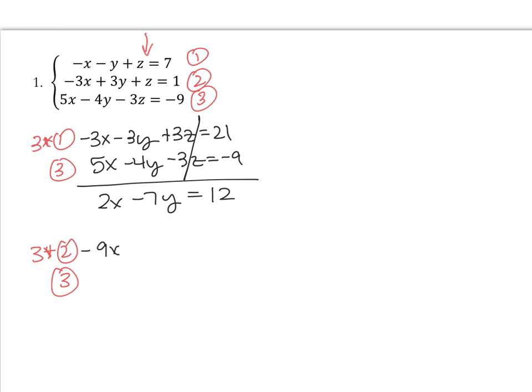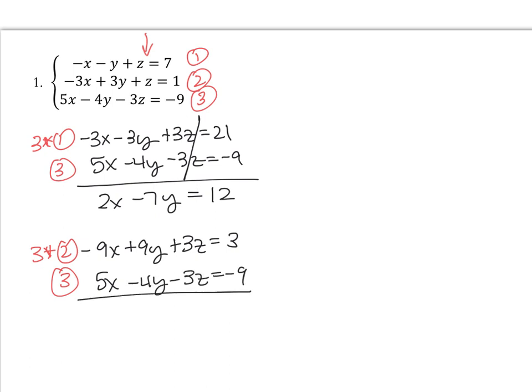So this is negative 9x plus 9y plus 3z equals 3. And then we get 5x minus 4y minus 3z equals negative 9. Remember, our goal was to get rid of that z, which is going to cancel. And we get negative 4x plus 5y equals negative 6.